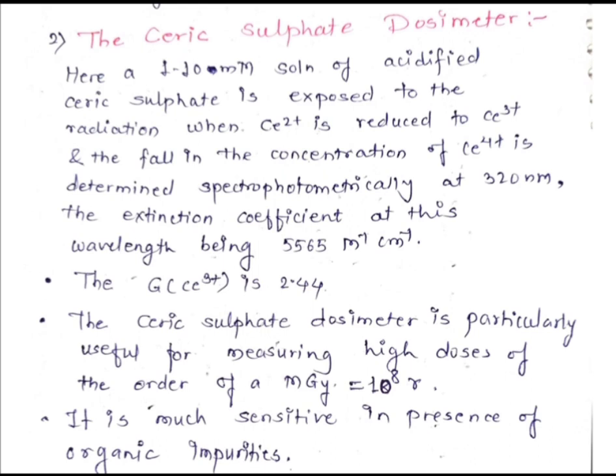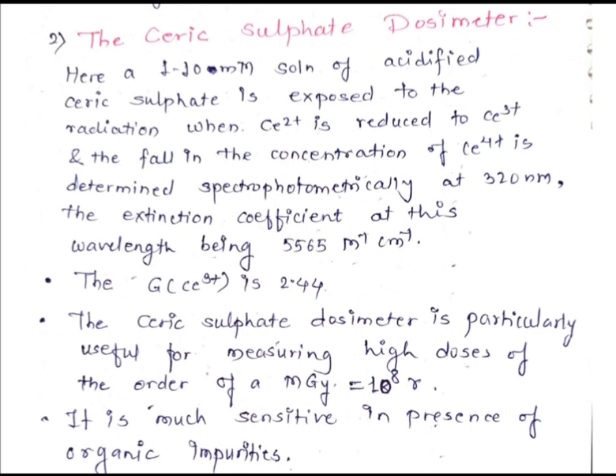So in the ceric sulphate dosimeter, here simply we have to measure the reduction of Ce4+ to Ce3+, and measure the decrease in concentration of Ce4+ at 320 nanometer wavelength on the spectrophotometer.